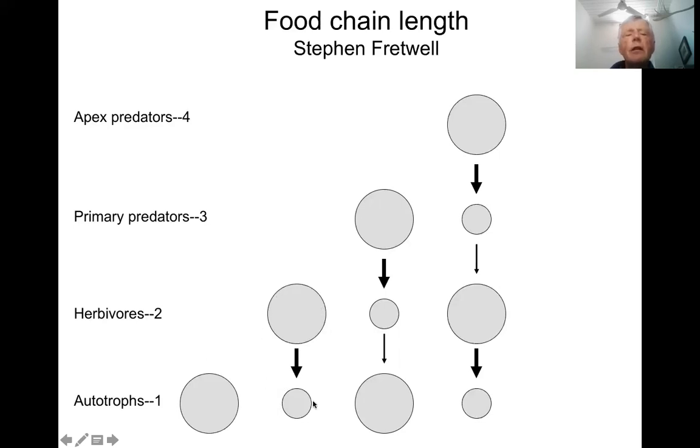Whereas in even numbered food chains, that is 2 or 4 or 6 links in the food chain, herbivores are going to be abundant and they are going to limit the plants. So you're going to have very strong plant-herbivore interactions in even numbered food chains compared to odd numbered food chains. That was Fretwell's theory.